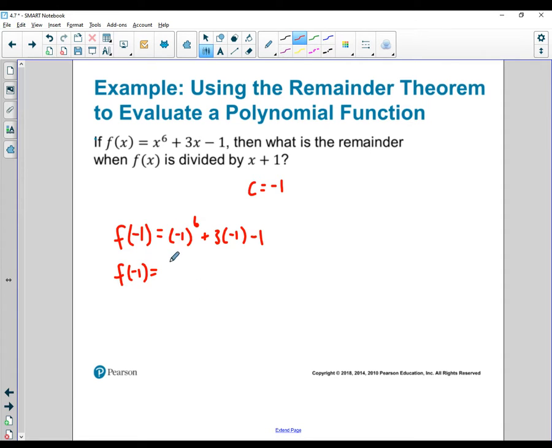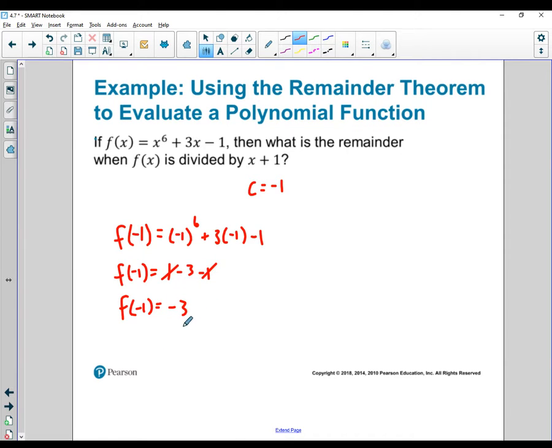Negative 1 to the 6th is going to be a positive 1, right? Negative times itself an even number of times is going to be positive. 3 times negative 1 is going to be minus 3 minus 1. So f of negative 1 equals minus 3, right?